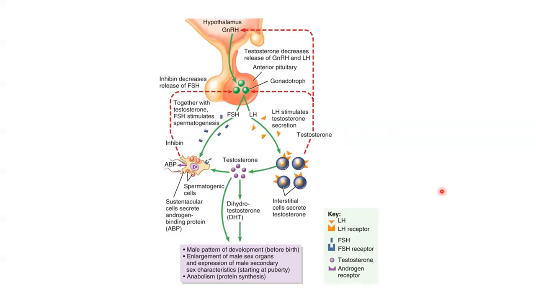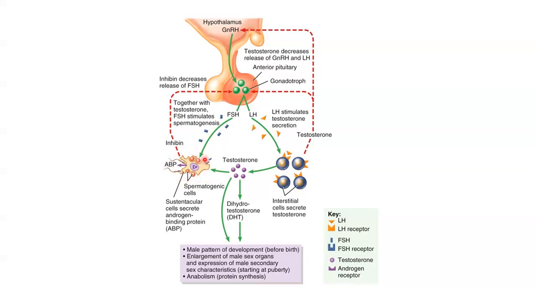Because these two hormones are regulated in the same way, we have them on one image here. Gonadotropin releasing hormone is produced in the hypothalamus and acts on our anterior pituitary gland to release both follicle stimulating hormone and luteinizing hormone. Remember, follicle stimulating hormone will help develop our follicles so an oocyte can mature.